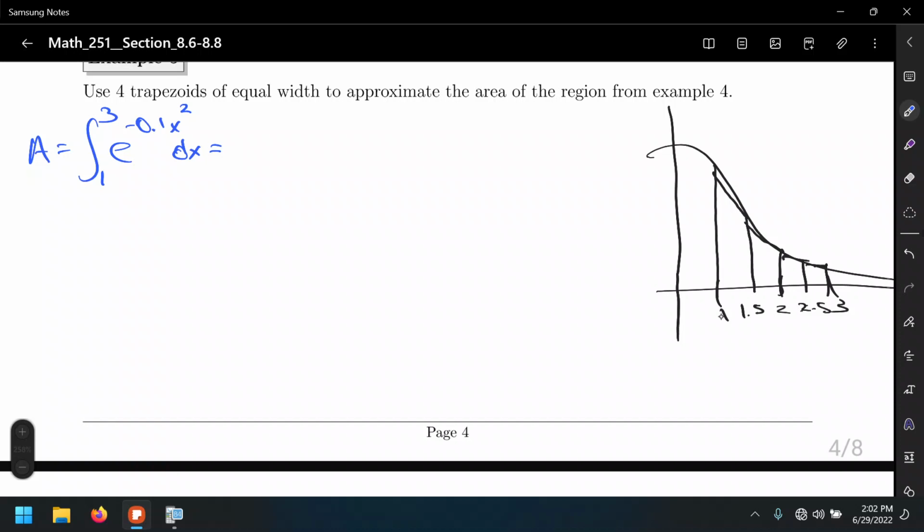And we are going to find delta x over 2 times f of 1 plus f of 1.5 plus f of 2 plus f of 2.5 plus f of 3.